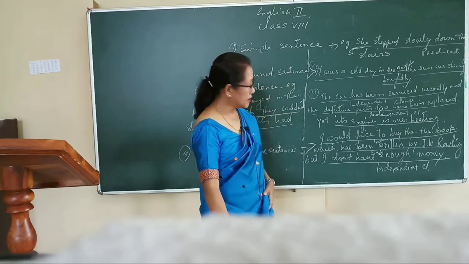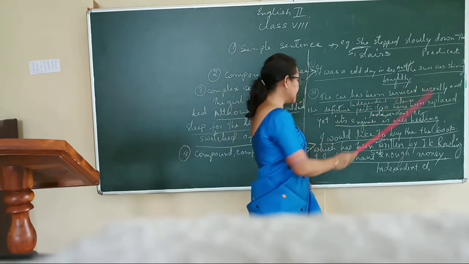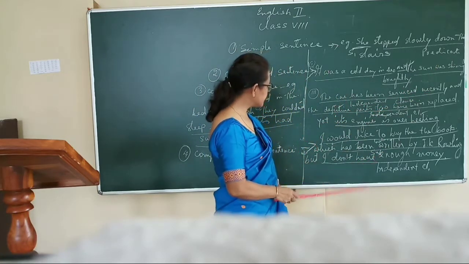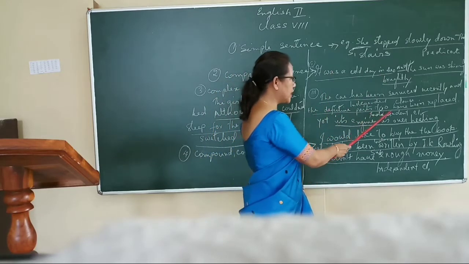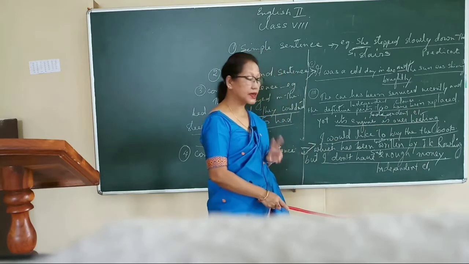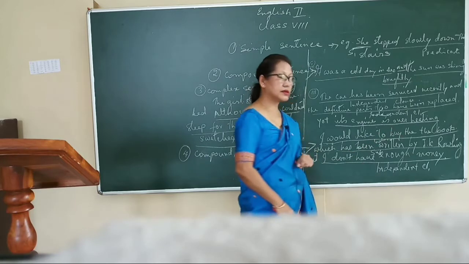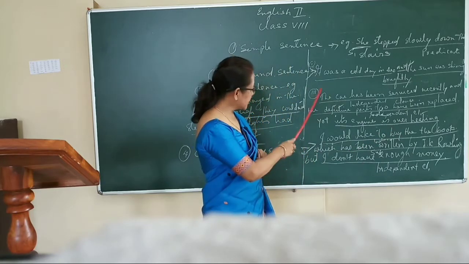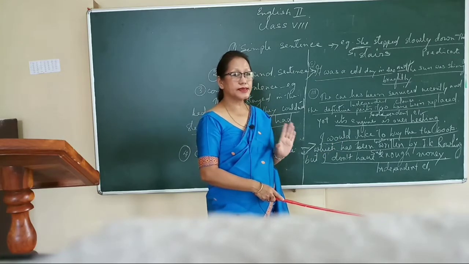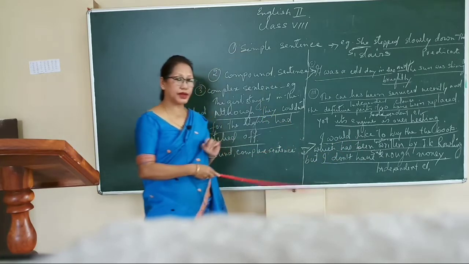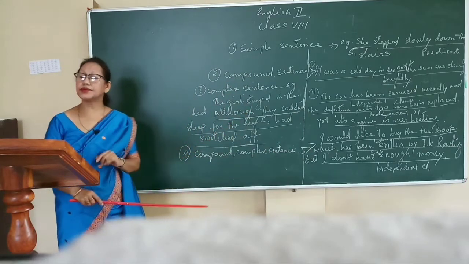Well, here the car has been serviced recently, one independent clause, and the defective parts too have been replaced is an independent clause. Its engine is overheating, independent clause. Here you can see this sentence consists of 3 independent clauses. Okay, got it? Okay, now next, complex sentence.